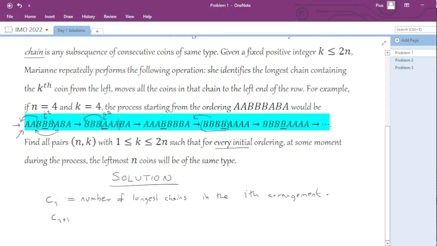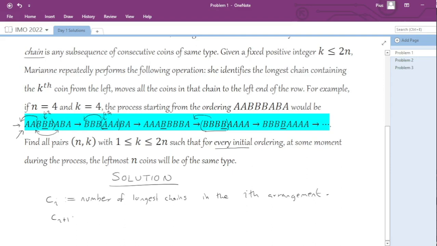For example, when we have B in between two A's, once we remove the B, we see that the A's are going to merge. And also, if we take the chain to the end, it's possible it might also merge with some other string or chain. So the main idea is that it can never increase because we never get to split any of the chains. So at most we could possibly end up merging some coins or remain the same.